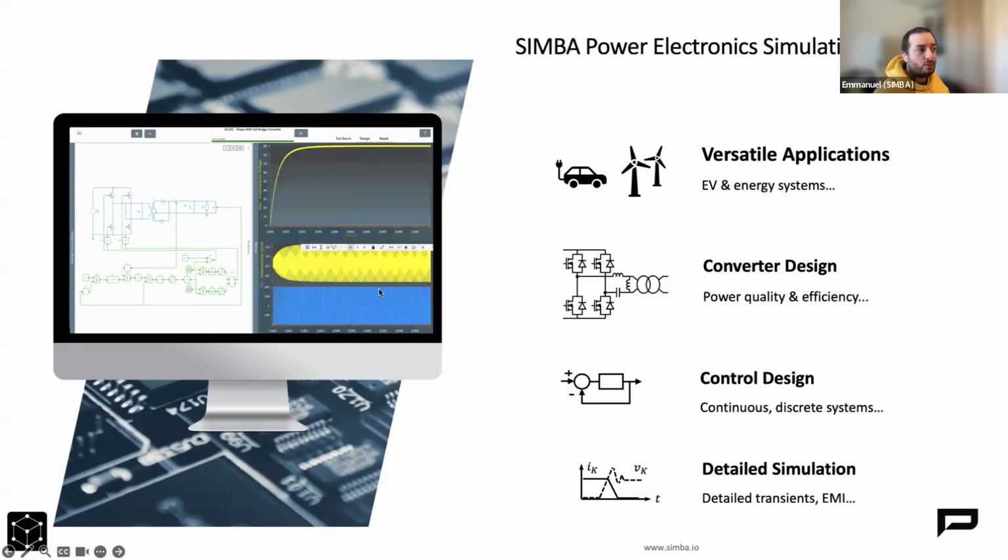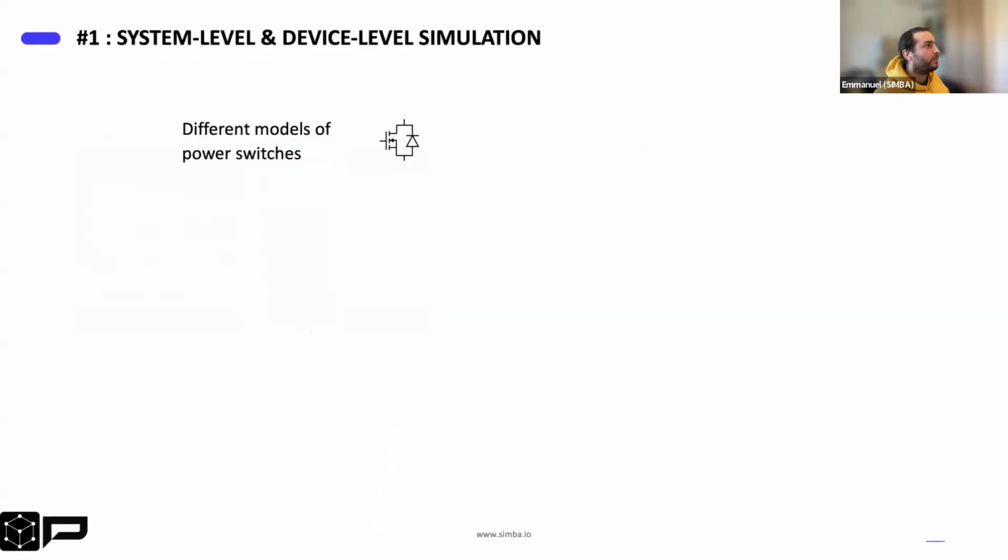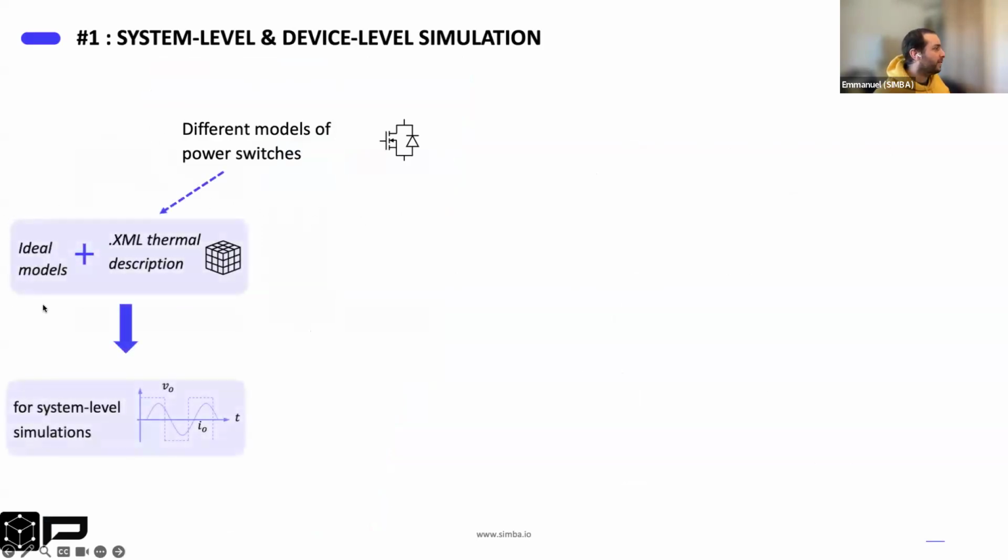To illustrate what SIMBA can do, I have three selling points for SIMBA. The first one is that in SIMBA, we have different models of power switches. We have ideal models with XML thermal description, the type of model you will find in tools like Simulink or Simscape, and you can use that for system level simulation.